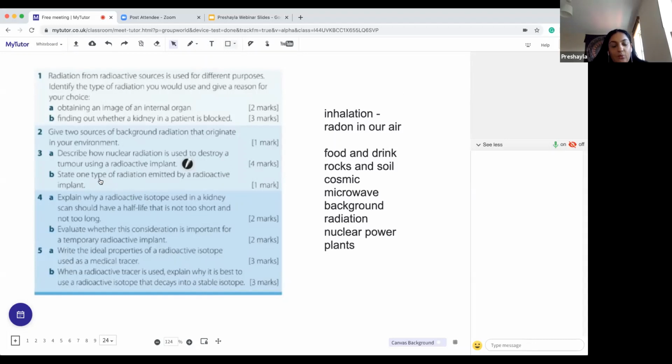Okay, what is one type of radiation which is emitted by a radioactive implant? So there's two types which can be emitted by an implant. What are those two types?